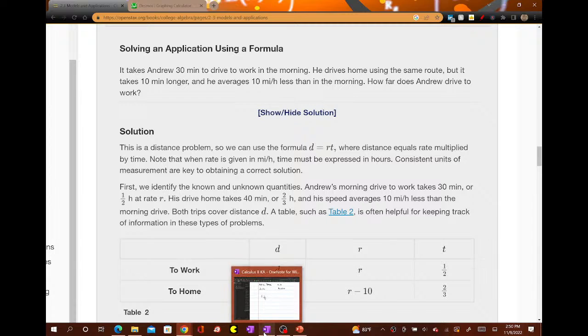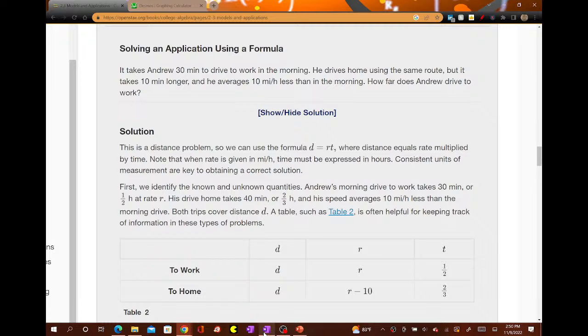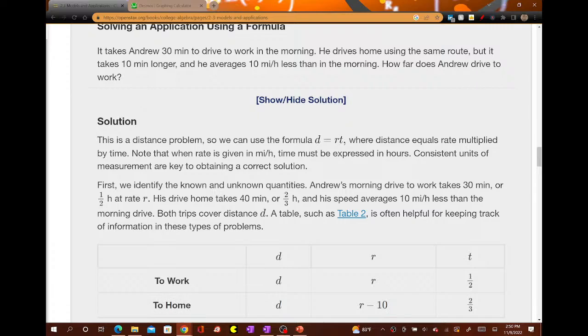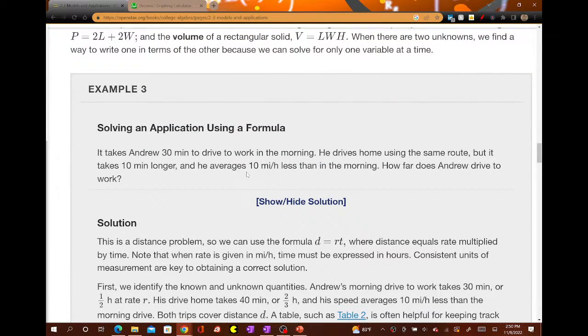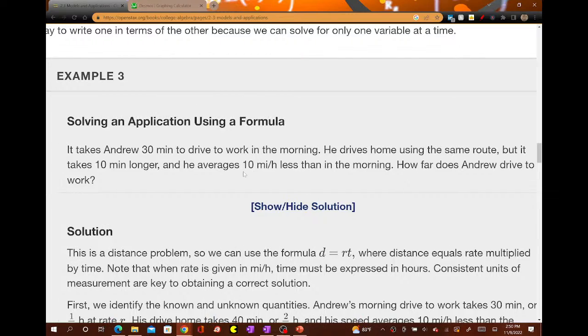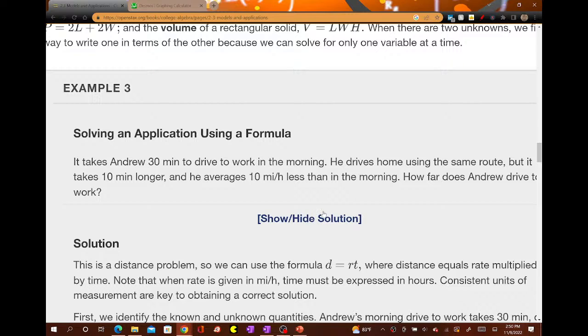The distance has to be however much it is, D. And the rate has to be however much R it is, because they don't really tell us what the distance or the rate is. They only say the average rate whenever he goes home, but it's 10 less than in the morning.